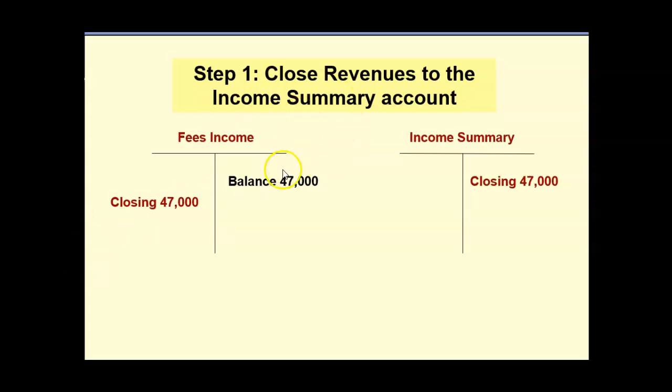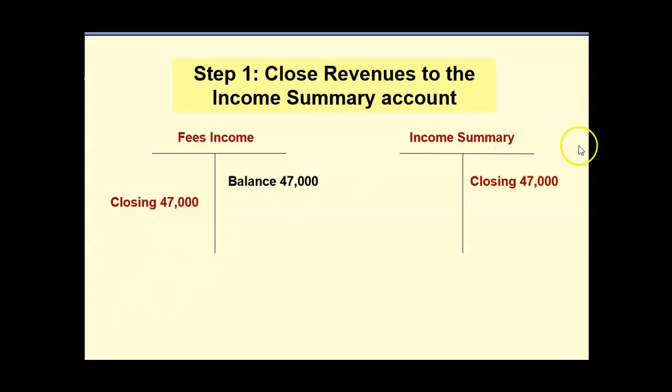In order to do that, I need to debit the amount that would give the account a zero balance. So if I debit the account for 47,000, the account will now show a zero balance. But you know that if you debit one account, you must credit an offsetting account.